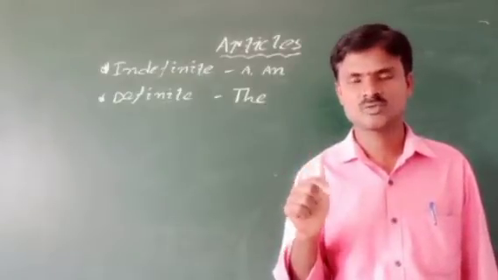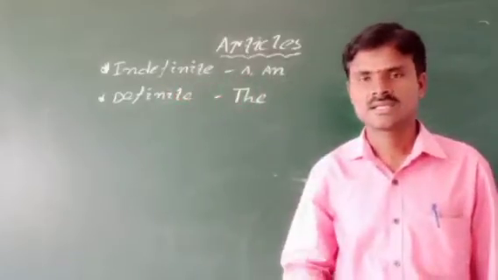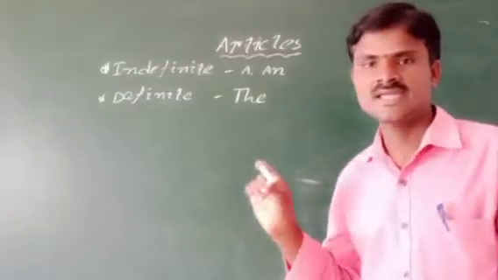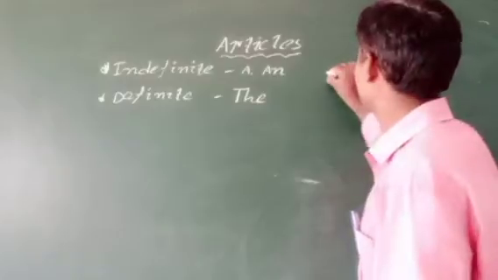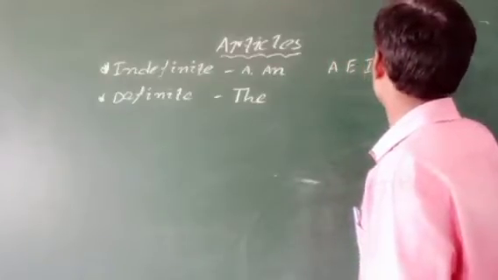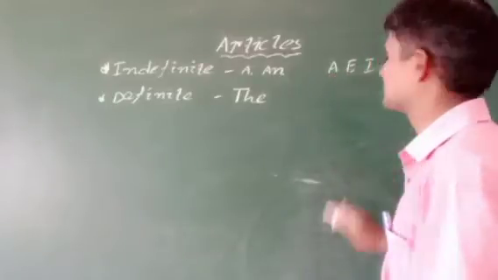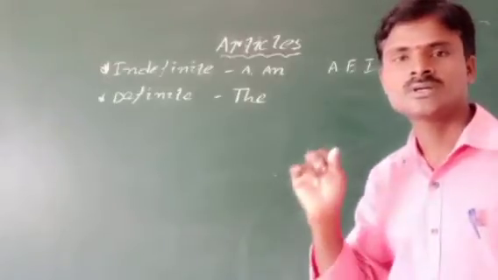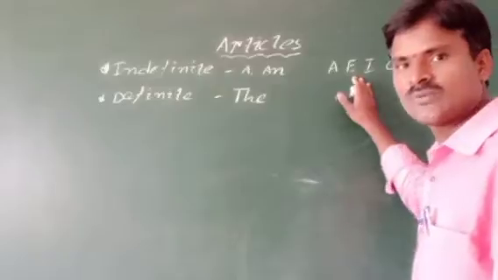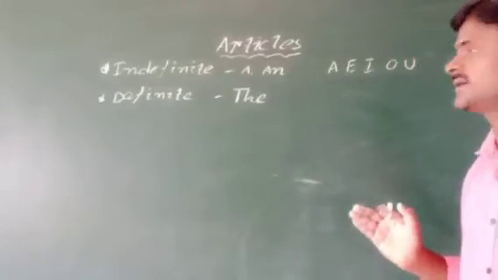See indefinite article, first we will discuss an. Except a, e, i, o, u sounds, you have to be very careful. Not before the letters, before the sounds we have to use an or a.